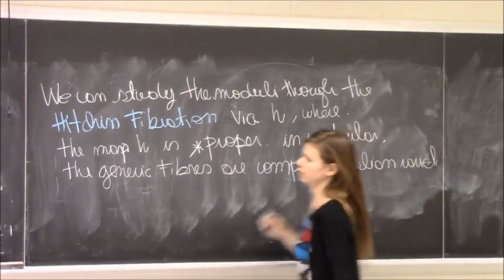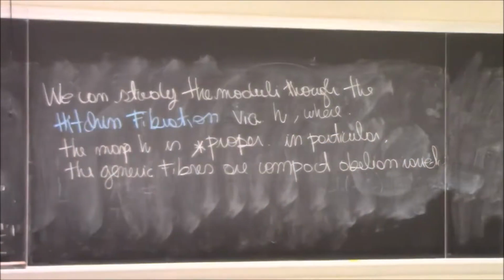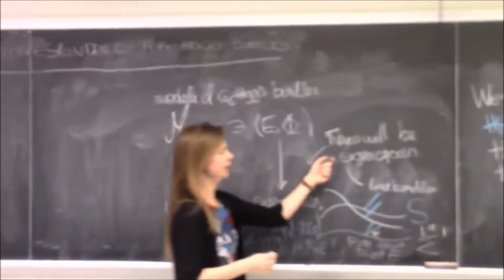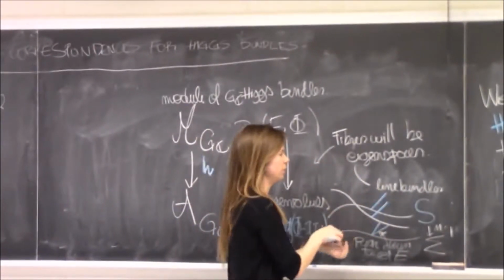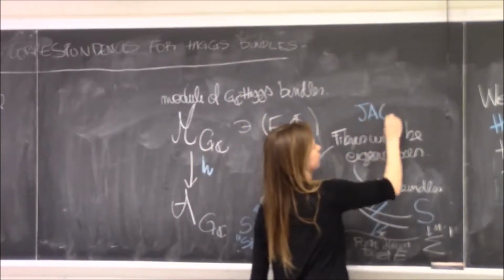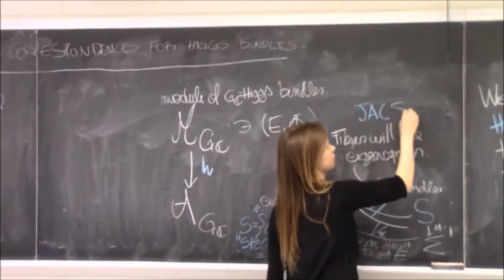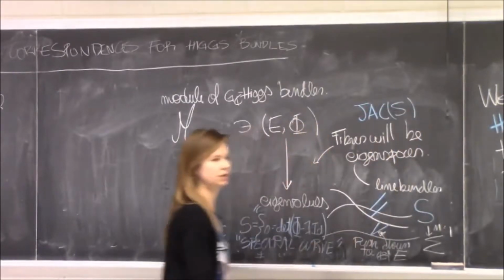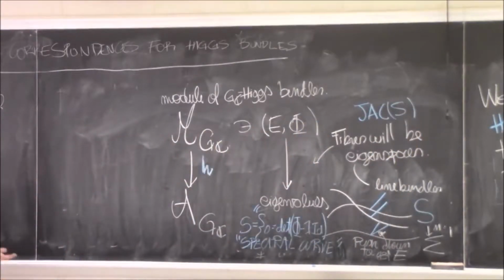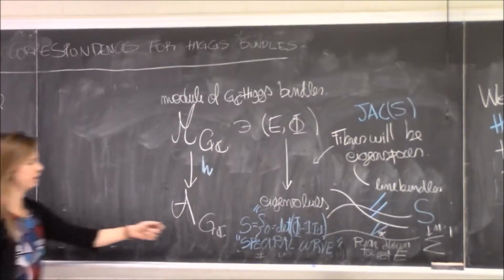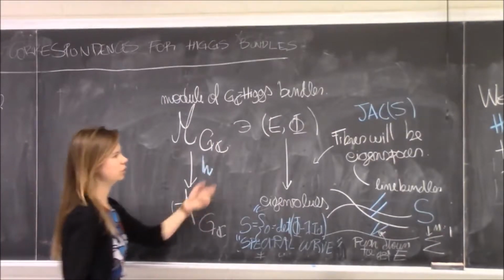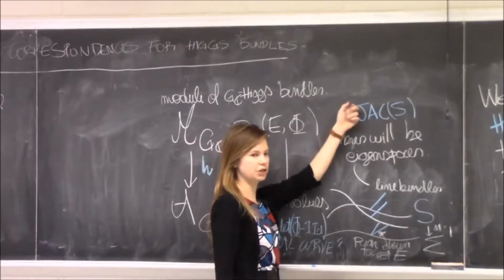We just saw the hint of this happening because we said our fibres will be the eigenspaces, which are line bundles. And what is this? This is the Jacobian of that curve. Line bundles of degree 0 give the Jacobian. If we change the group and add some conditions to reflect the group, then we get compact abelian varieties inside the Jacobian.